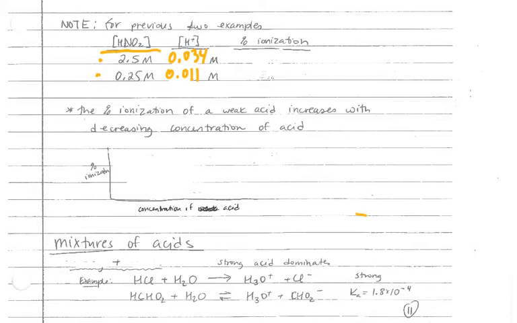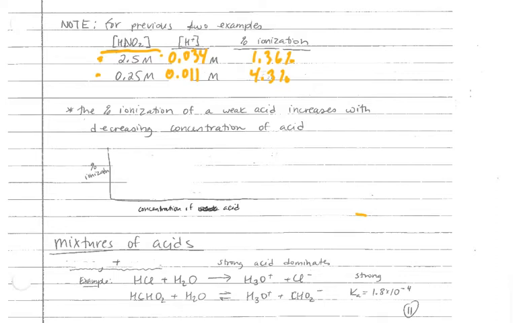So as we expect, the higher the concentration of the acid, the higher the concentration of the hydronium ion. That makes sense. But what's interesting is that the higher the concentration of the acid, the smaller the percent ionization is.